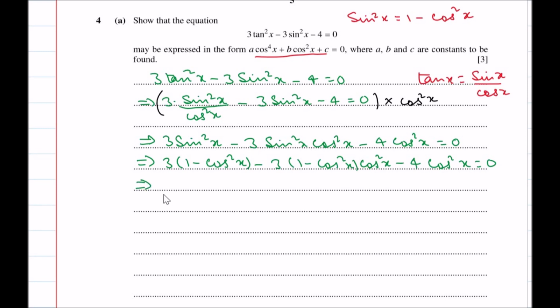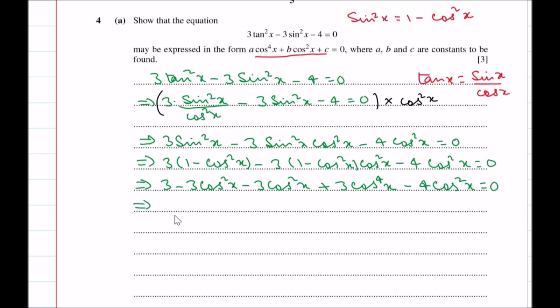Let us multiply out. So we get 3 minus 3 cos square x minus 3 cos square x and plus 3 cos power 4 x minus 4 cos square x equal to 0.